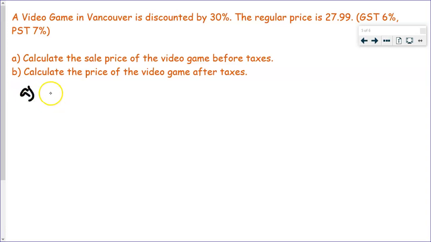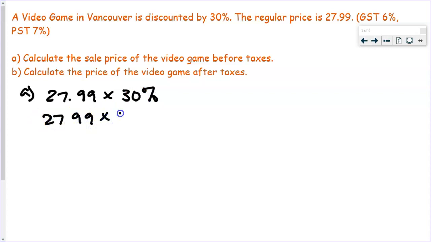So we're going to take 27.99 times 30% because that's the discount. Change that to a decimal like we have been doing the whole way through this unit. Divide by 100. And your answer will be about $8.40.